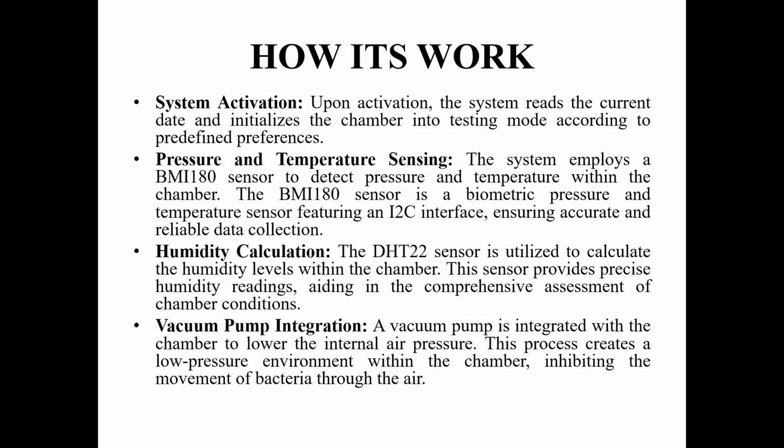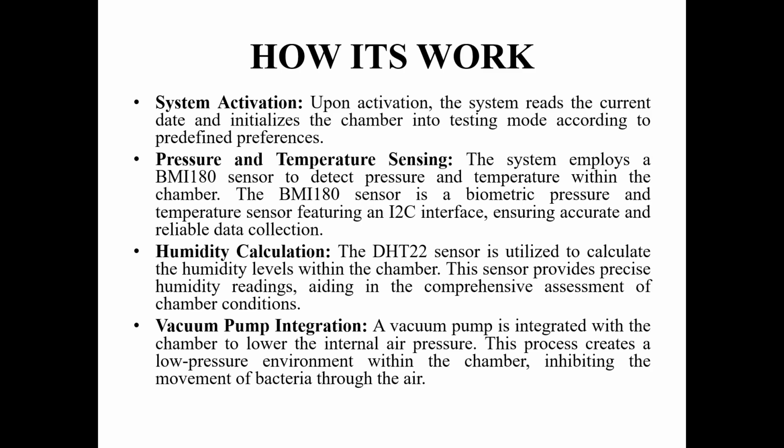So how does it work? First, we are going to activate the system. Upon activation, the system reads the current date and initializes the chamber into testing mode according to predefined preferences. The pressure and temperature sensing are done by the BMP180 sensor to detect the pressure and temperature within the chamber.